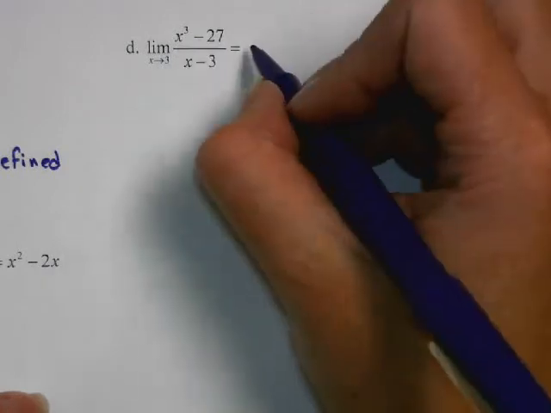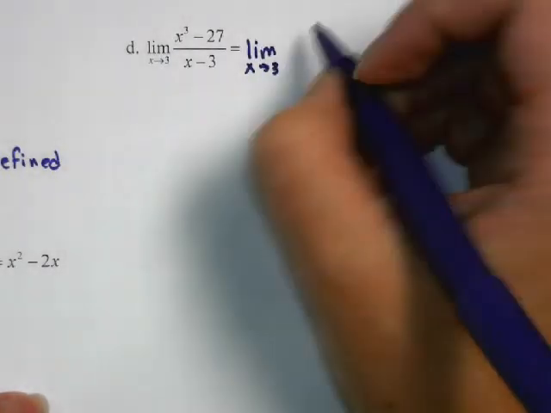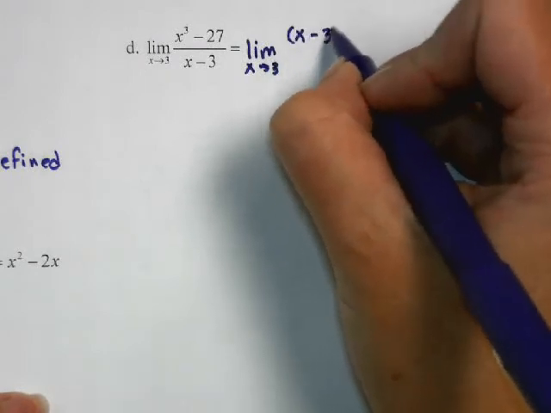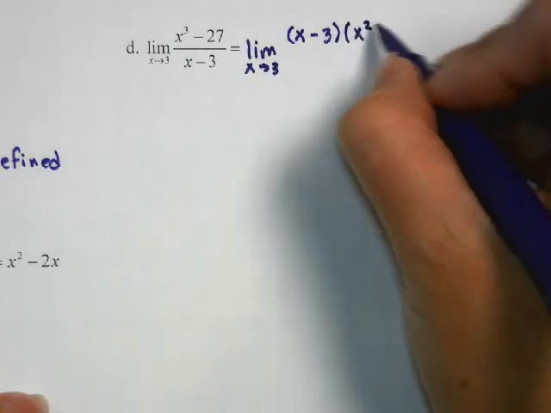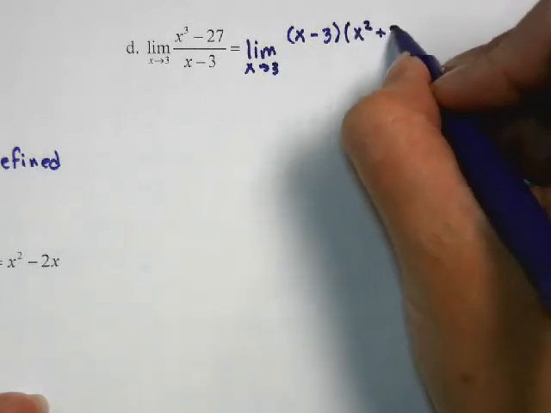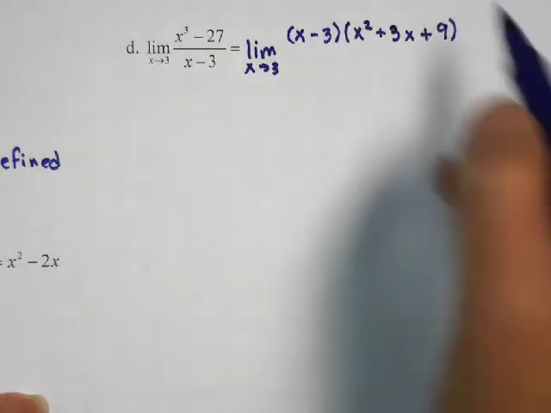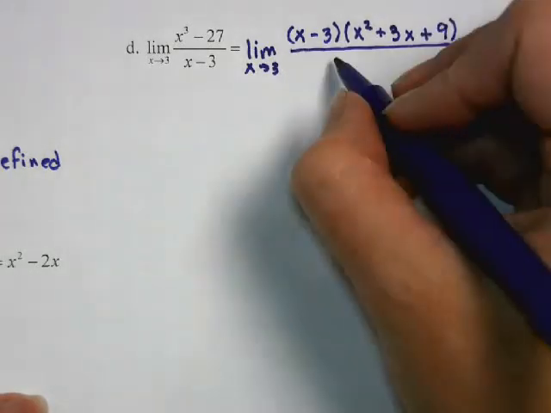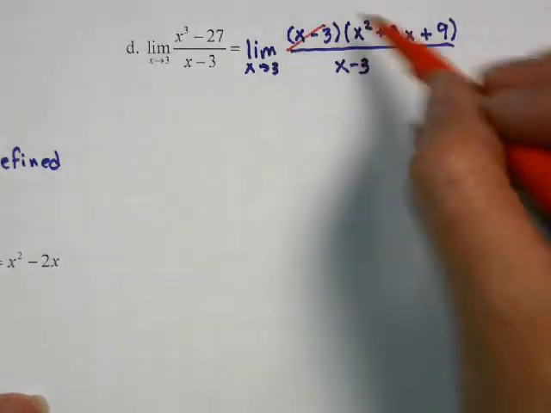This one we're going to use the difference of two perfect cubes. So we're going to have x minus 3 and then x squared plus 3x plus 3 squared, which is 9. So the x minus 3's cancel.